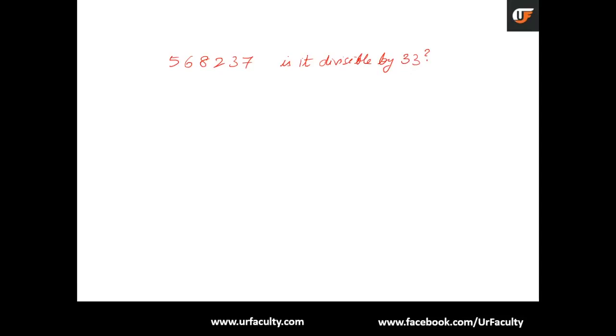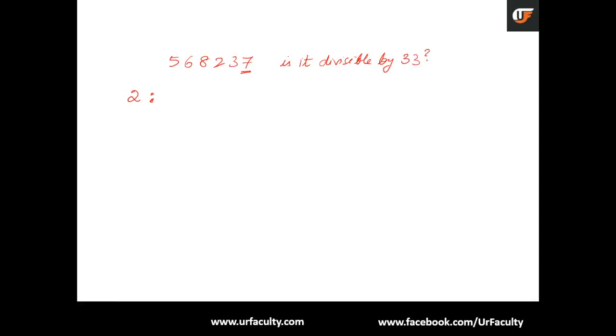Okay, let's try to understand the divisibility rules for each of the numbers. I'll start with the divisibility test for 2. It's pretty simple and I think most of you would know it already. You just need to look at the last digit of the number.